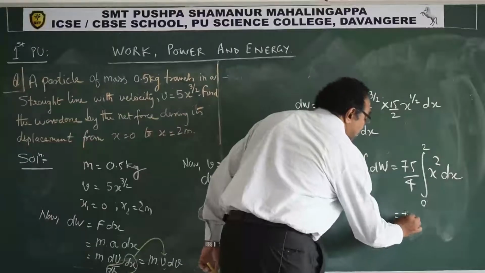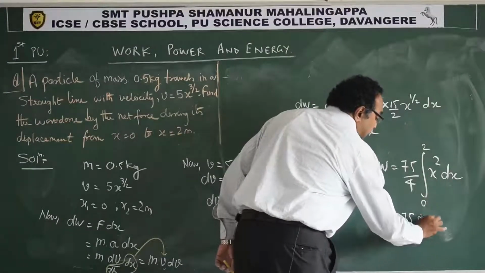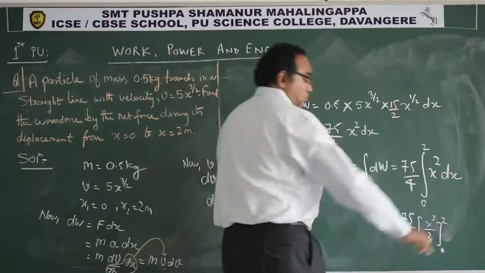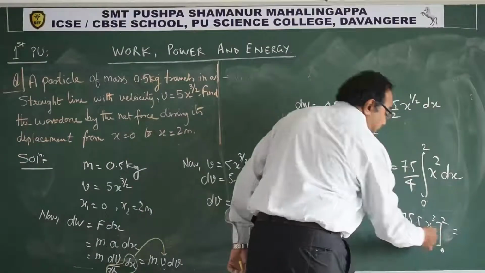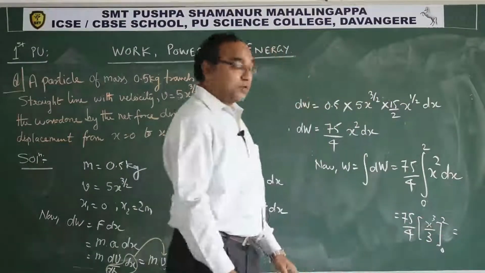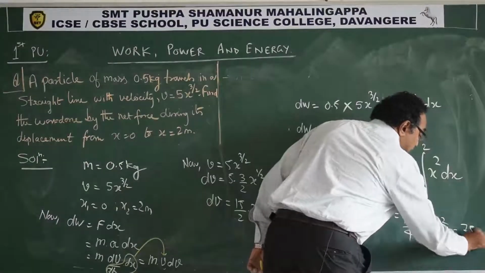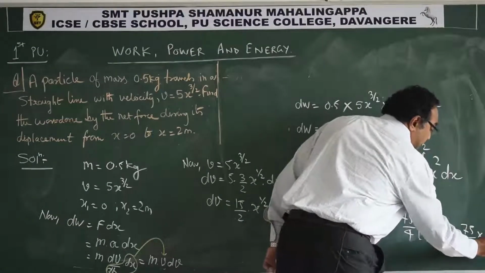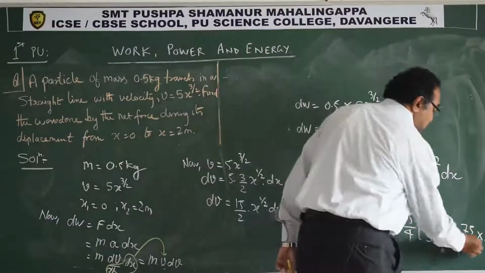This you will get as 75 by 4, integration of x square is x cube by 3 from 0 to 2. So what we get now on substituting the limits? Lower limit is 0, upper limit is 2. So we get this as 75 by 4 into 8 by 3. Simplify this.